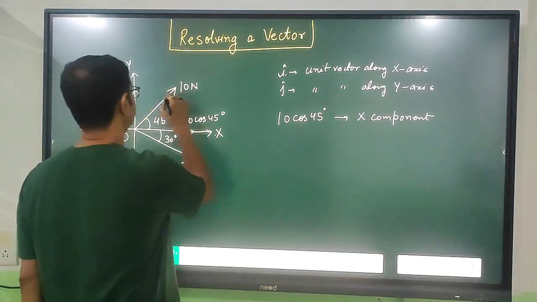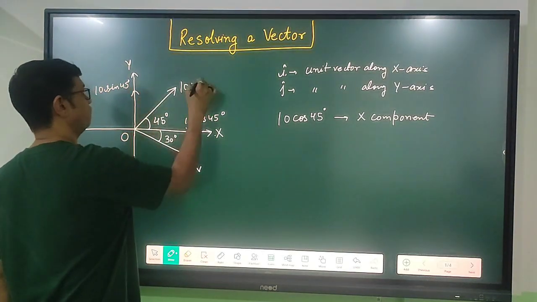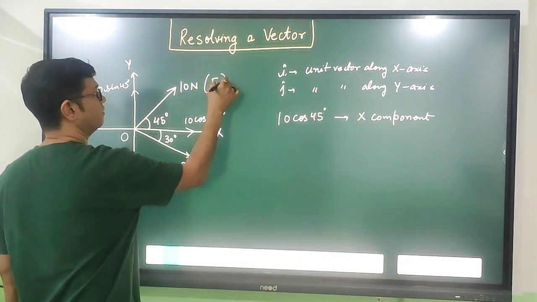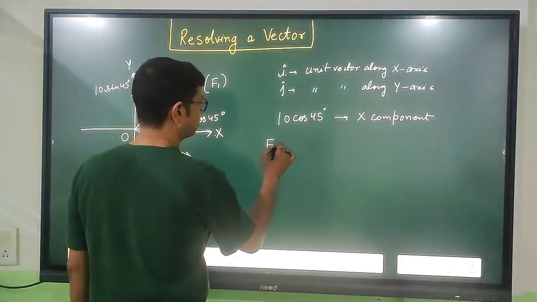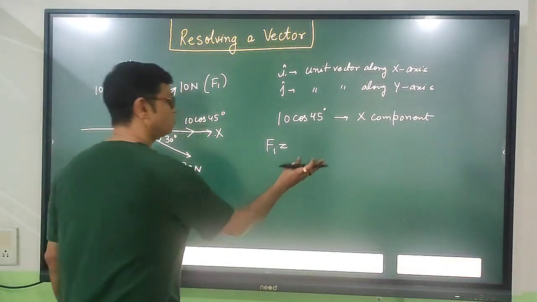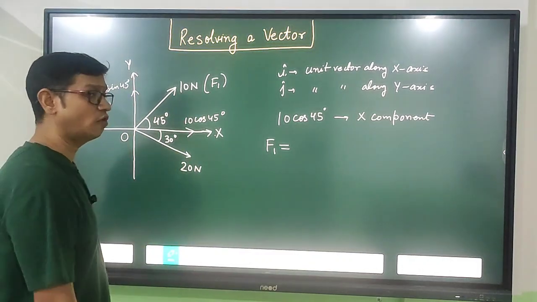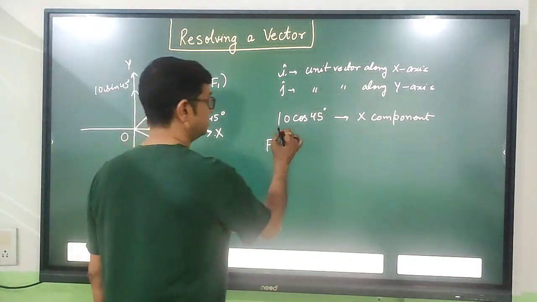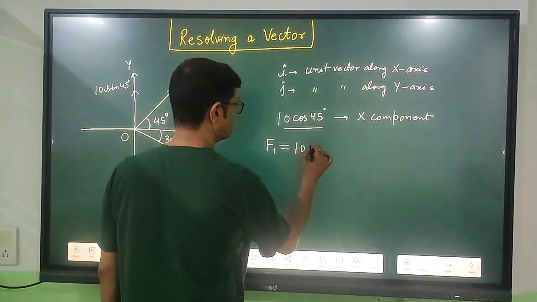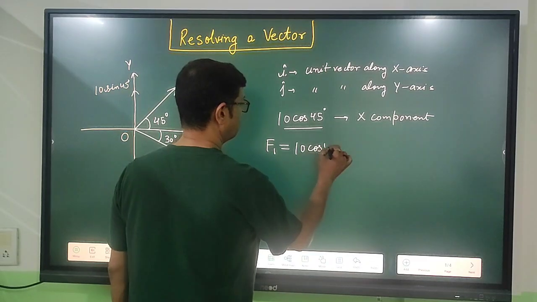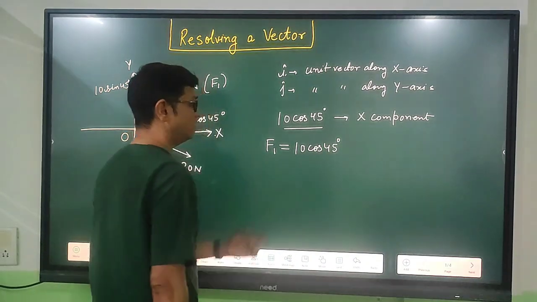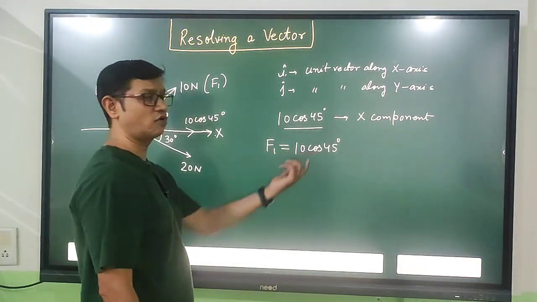Let's call this force F1. This force F1 can now be written in component form like this. This is the x component, 10 cos 45. Obviously this is just a number.